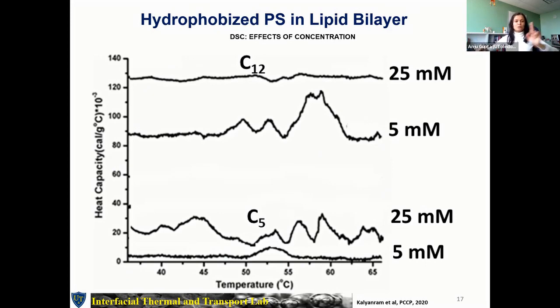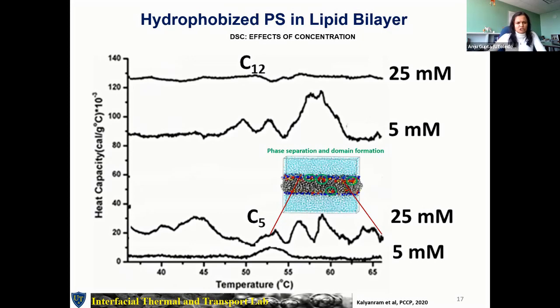I will focus on why we need to also study concentration, because that directly relates to the dosing. And the shorter molecule created a lot of phase separation here at high concentration. That's because now those tiny molecules are getting integrated close to the head group, and they are aggregating, and then they are causing more phase separation.